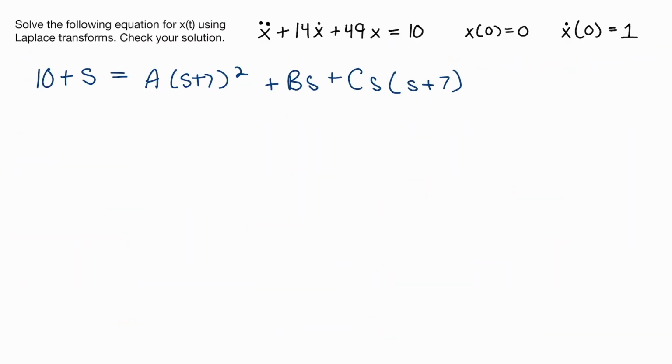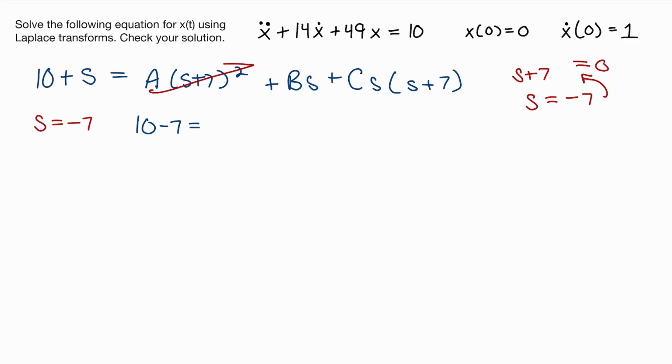Next we want to cancel out different terms of this equation so that we can find coefficients. Immediately we see that we have this s plus 7. If we set s equal to negative 7, then this will equal 0. So let's do that. s equals negative 7, and then we'll just rewrite the equation subbing in that s. We'll get 10 minus 7 equals, and then this will become negative 7 plus 7, 0.